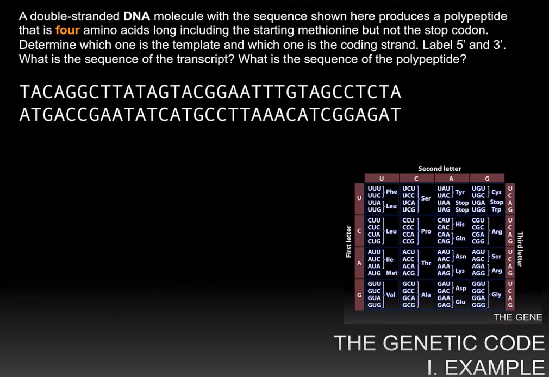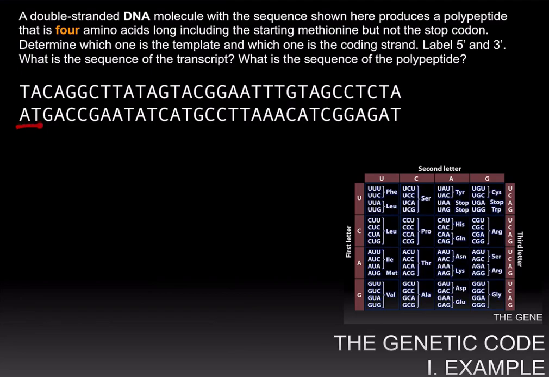So we can see if we start to make a polypeptide at this start codon, does it meet our criteria that the polypeptide should be 4 amino acids long, including the methionine, but not the stop codons. And we're going to be looking for the stop codons UAG, UGA, and UAA. So in DNA, we will be looking for TAG, TGA, and TAA in the coding strand.